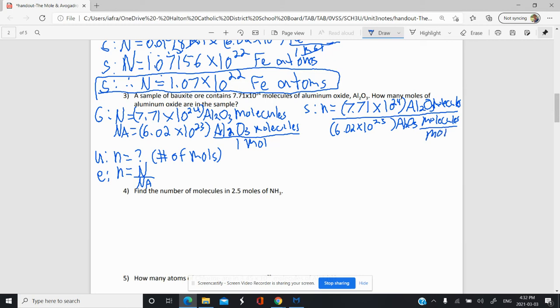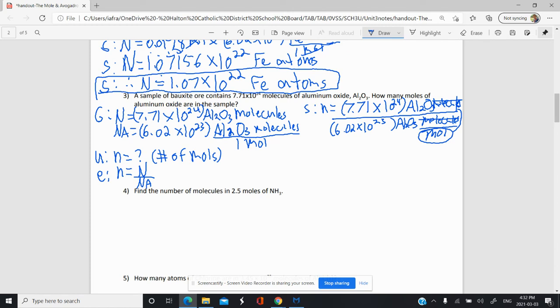And so what I want you to see here is that the units will still cancel out the way you want them to. You have molecules canceling out here, molecules canceling out here, and moles over here. Notice how you have a line over a line. What that does is it causes your mole to go back up to the numerator at the end. So we're crossing out molecules, we're ending up with moles, and so let's just do that in our calculator.